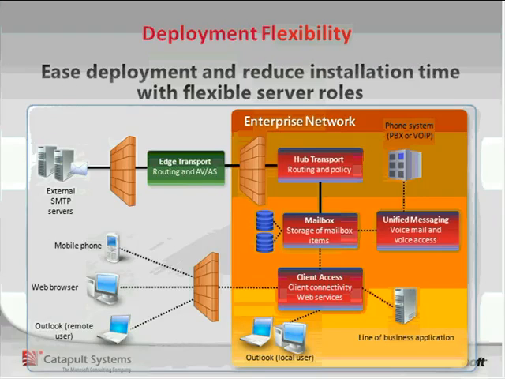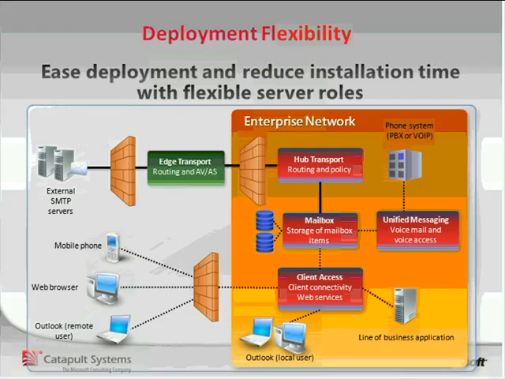Now, ease of deployment and reduction of installation time with flexible server roles has become critically important. Customers are looking for a way to stage an Exchange deployment as well as make right decisions around securing the platform, reducing surface area for critical internet-facing capabilities. And when I say stage a deployment, a lot of my customers aren't going out building the entire Exchange 2010 environment and cutting everybody over at once.